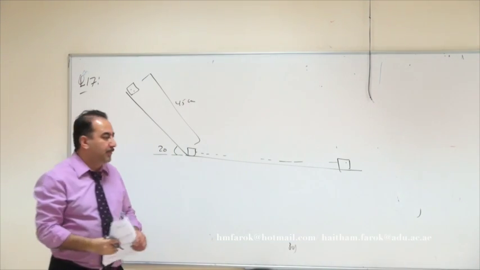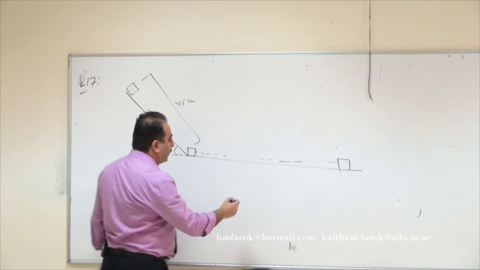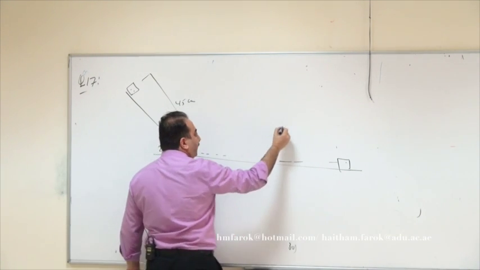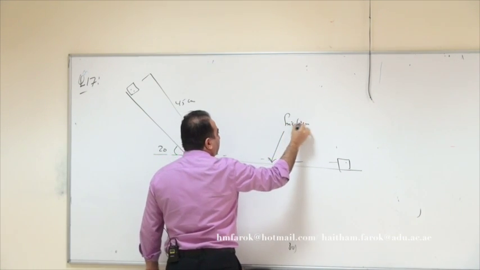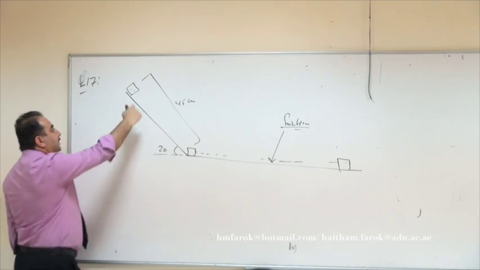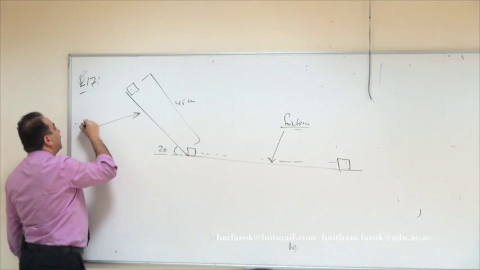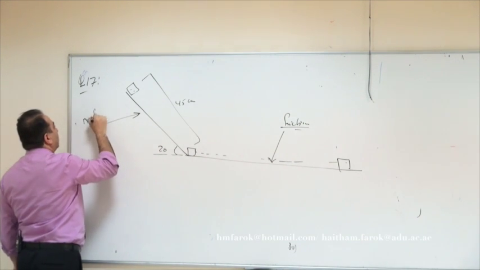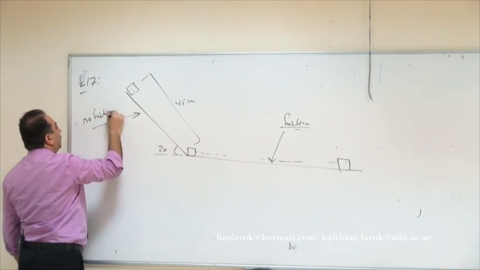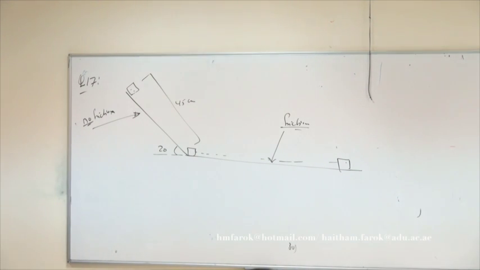Why does it stop? Because in this part you have friction. So here, rough, friction. But when it's sliding down from here to there, no friction. Frictionless.